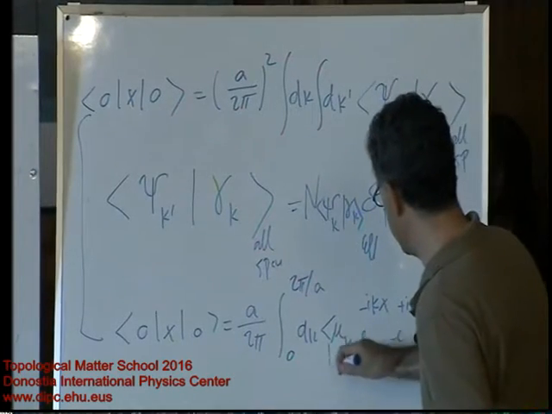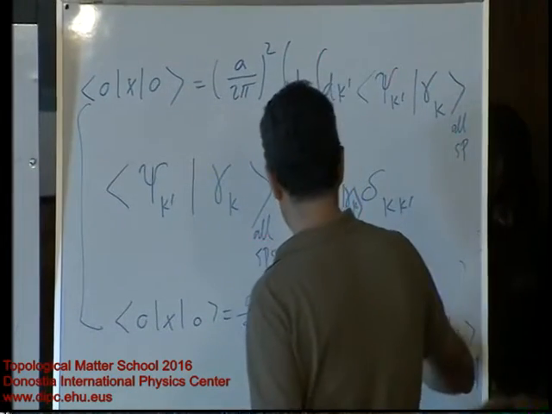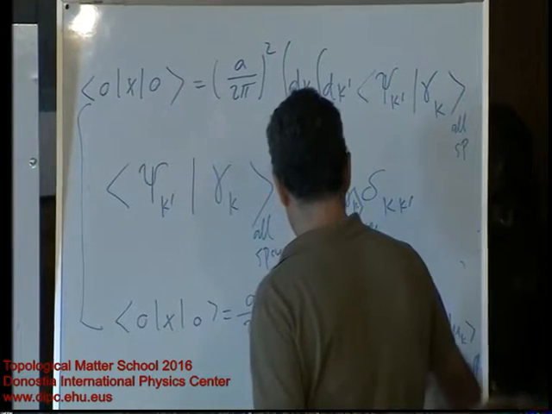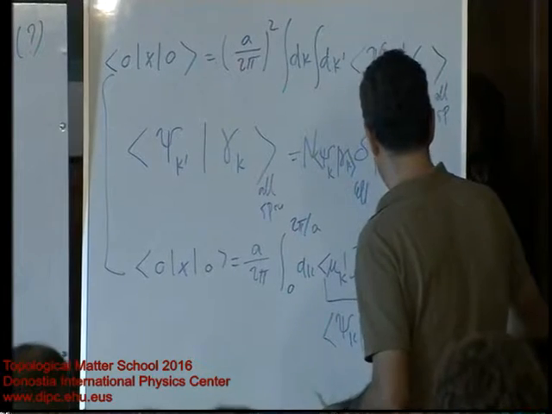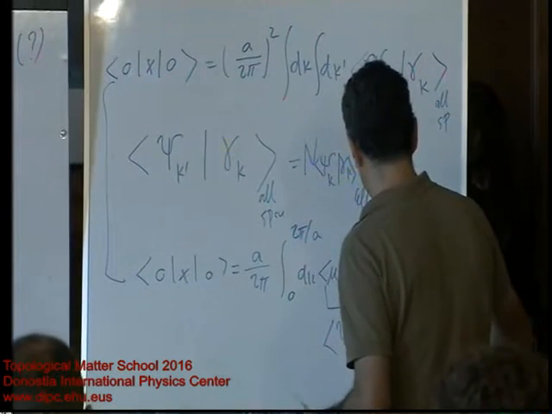So this part here is the psi k. And this part here is the gamma k.